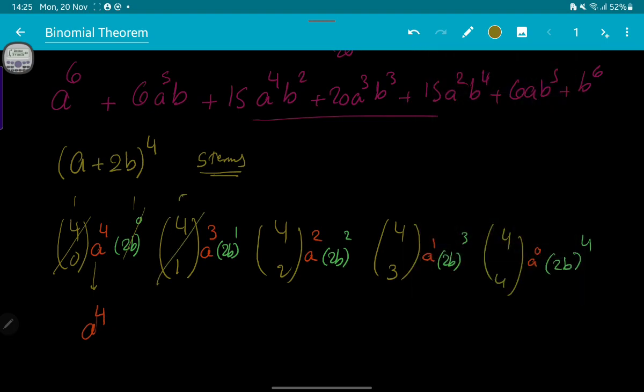This by the calculator is 5. Then 2b, 5 times 2 is 10, so this is positive 10a power 3 b. So if we have numbers, we simplify.